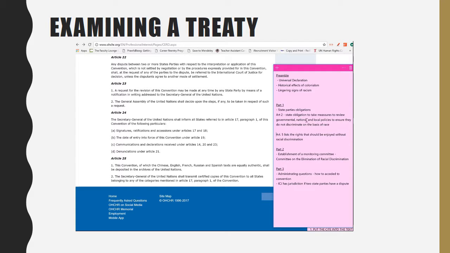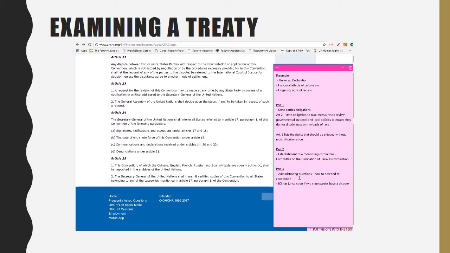They talked about obligations to take measures to review governmental, national, and local policies. Article 5 talks about the rights that should be enjoyed without racial discrimination. Then in part 2, I noticed that there's an establishing of a monitoring committee, the Committee on Elimination of Racial Discrimination, and part 3, administration questions.